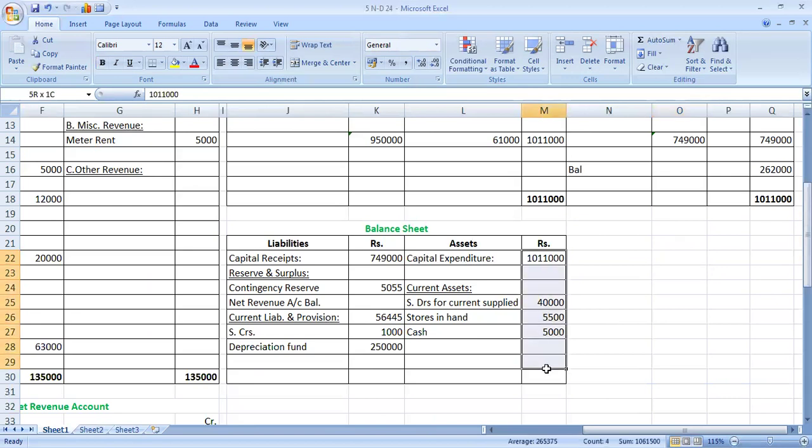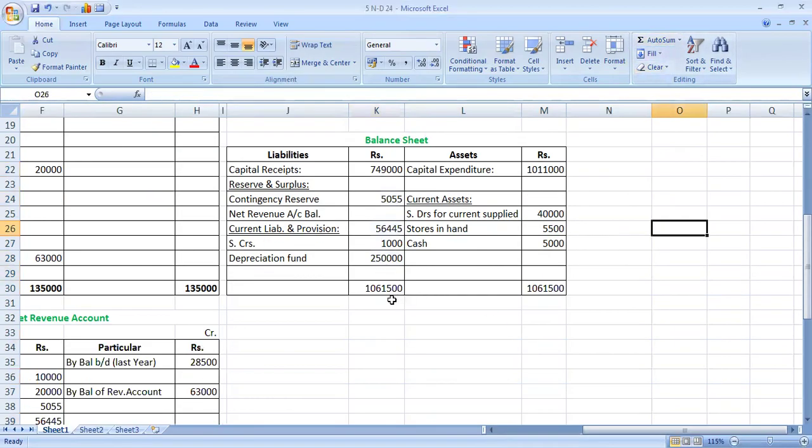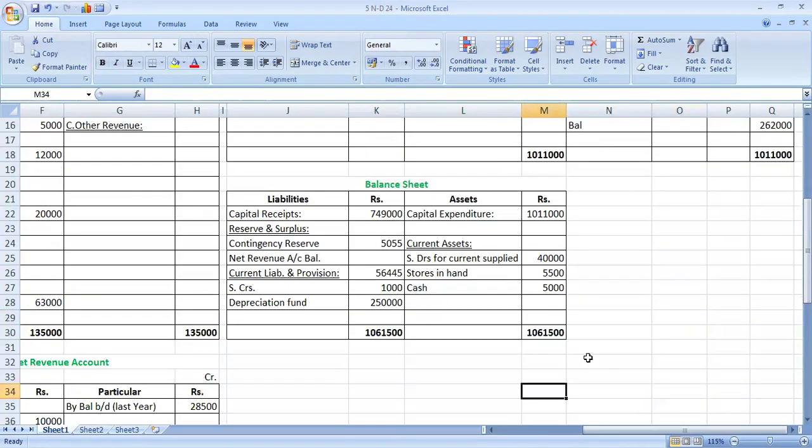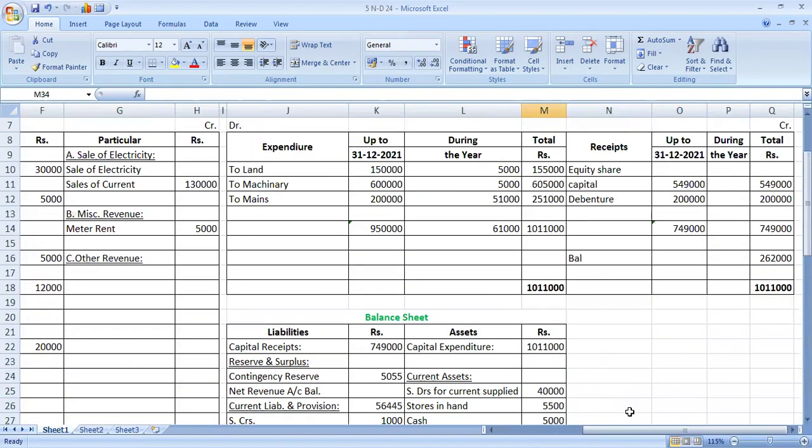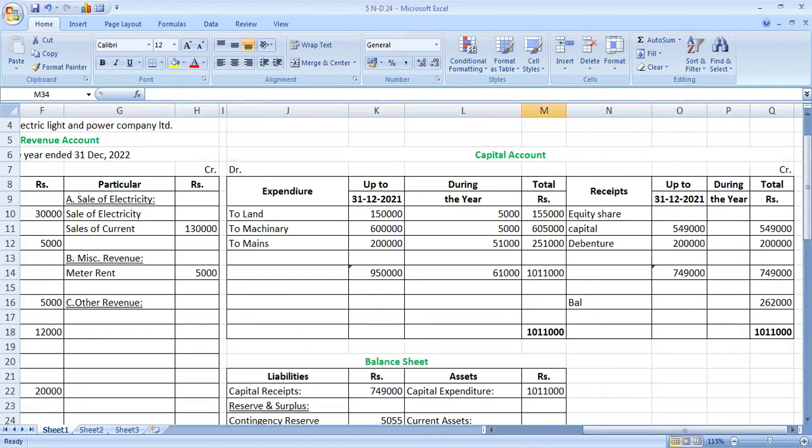Now reaching the total of both sides, that is 10 lakh 61,500. Balance sheet is tallied on the amount of 10 lakh 61,500. I hope you have understood this solution.